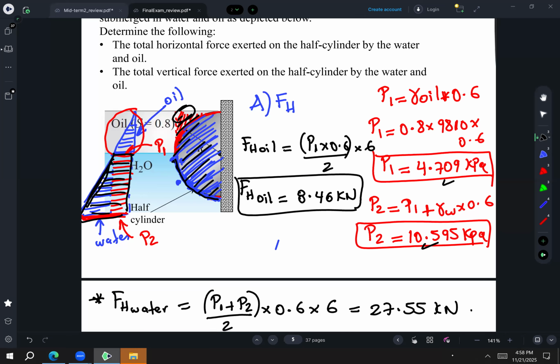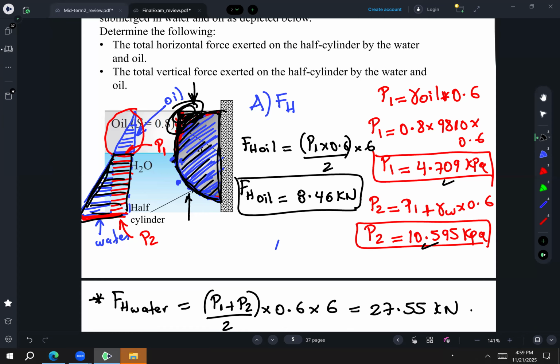So if you realize that the vertical force of the water involves everything up to here, involves this, okay? And that will be, of course, up. And the vertical force on the oil is this little piece here, acting down. If you subtract all of this minus this little piece, basically you have only the cylindrical log.